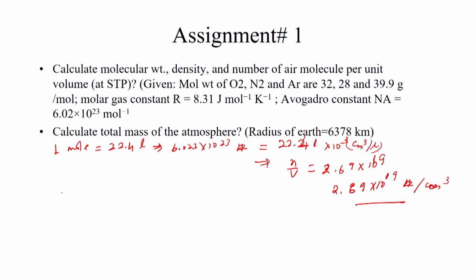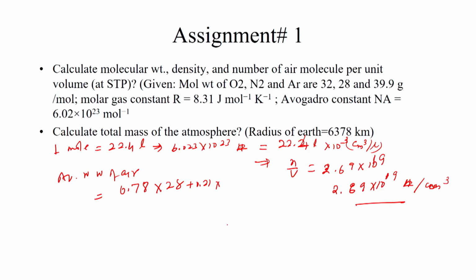We know the average molecular weight of air will be equal to 0.78 into N2, which is 28, plus 0.21 into oxygen, which is 32, plus 0.9 into argon, whose molecular weight is 39.9.